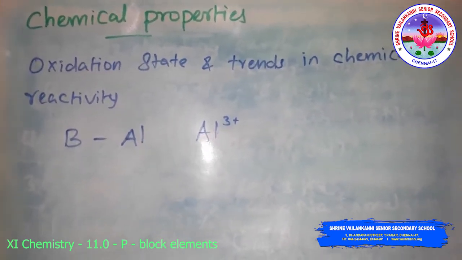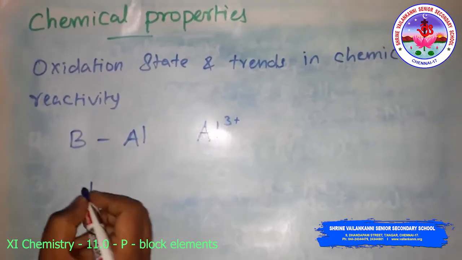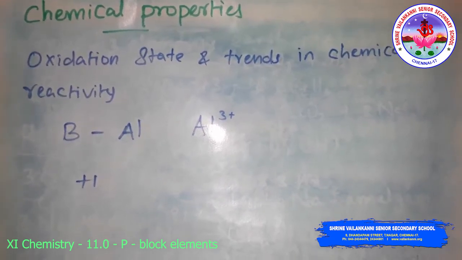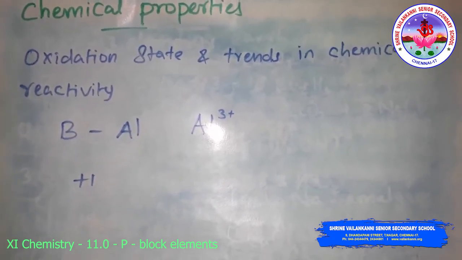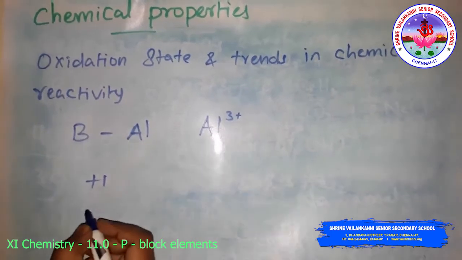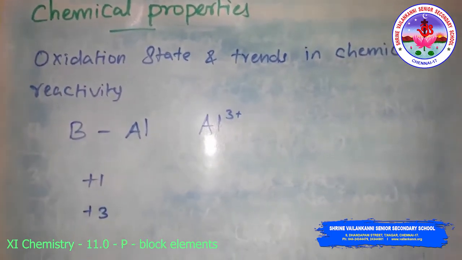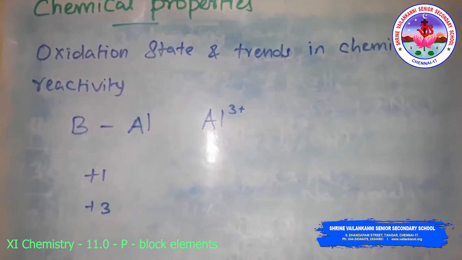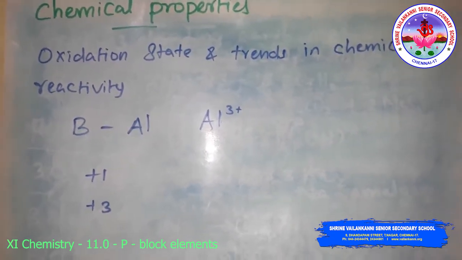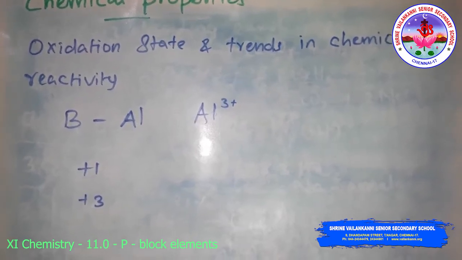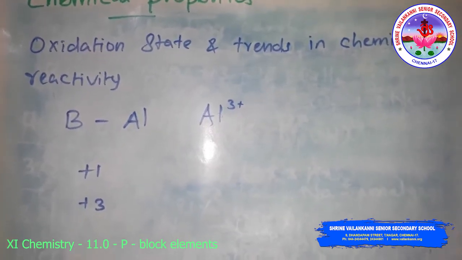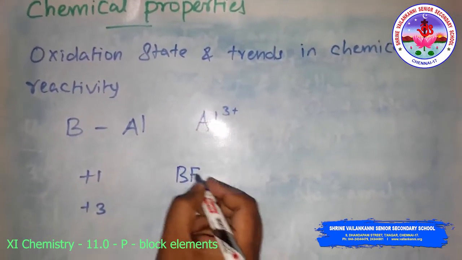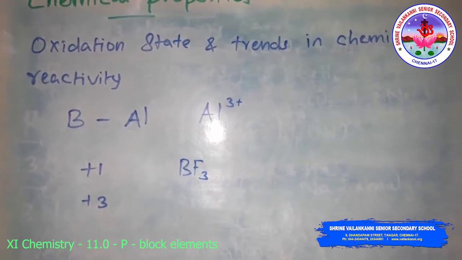So the compounds in +1 oxidation state, as expected from energy considerations, are more ionic than those in the +3 oxidation state. In the trivalent state, the number of electrons around the central atom in a molecule of the compounds of these elements, for example boron trifluoride, will be only 6.